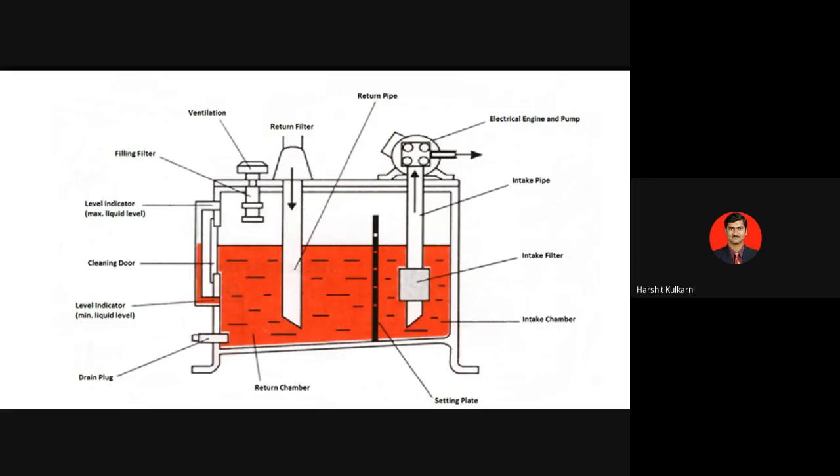So half a unit we have covered today, that is unit number 3. Next we will have the control components in a hydraulic system. That is your unit number 4.